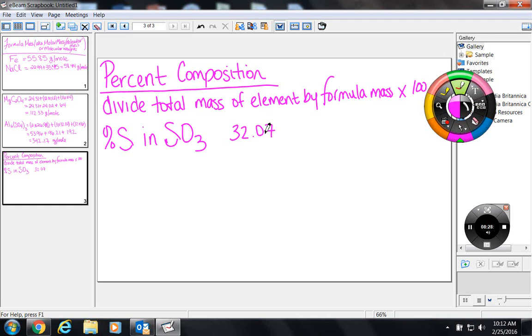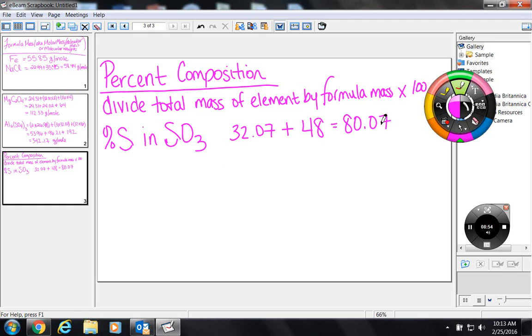I'm going to say 32.07 plus 48. Hey guys, I'm trying to hear myself think right now. There's the formula mass, 80.07.